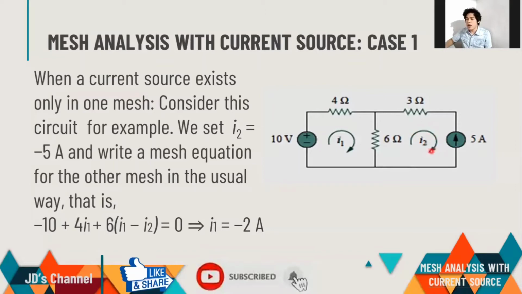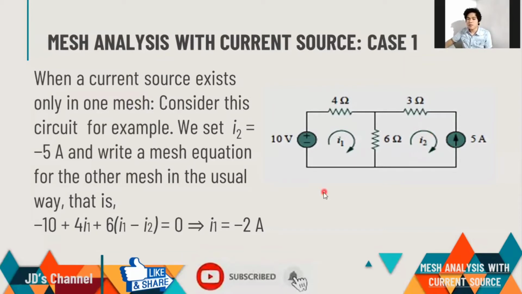Pag naman po siya ay sumabay, halimbawa, ang flow ng ating current dito ay naging counterclockwise sa I2, ang mangyayari, class, I2 is equal to positive 5 amperes. Or pag naman siya ay walang value, halimbawa I sub O, I2 is equal to positive I sub O. Yun po yung rule dito sa ating mesh.